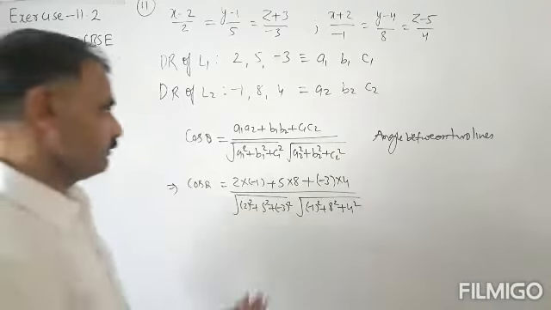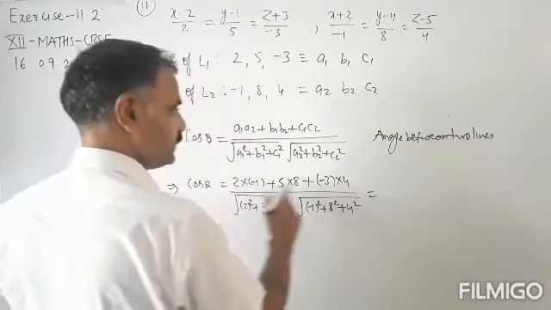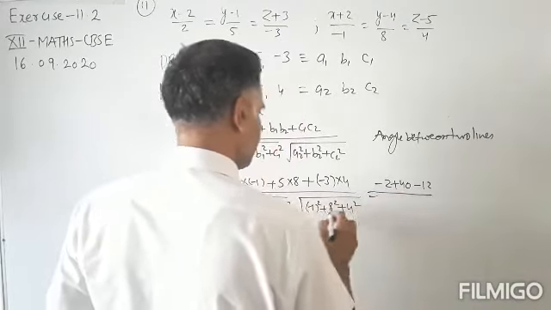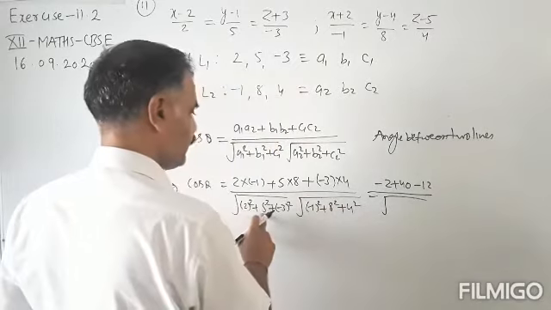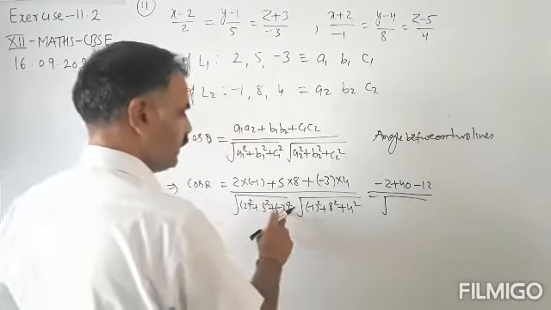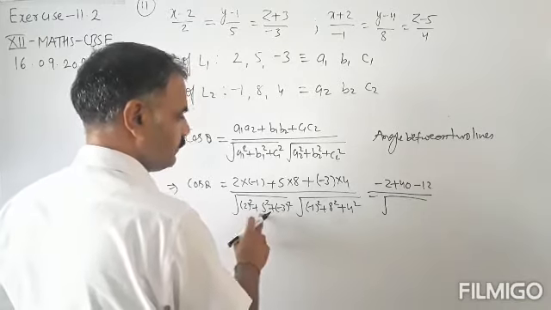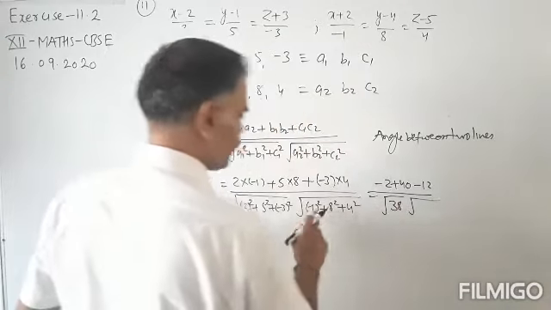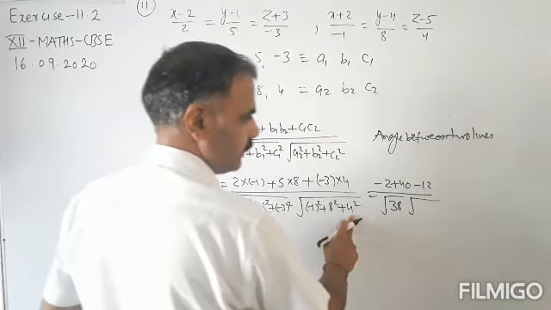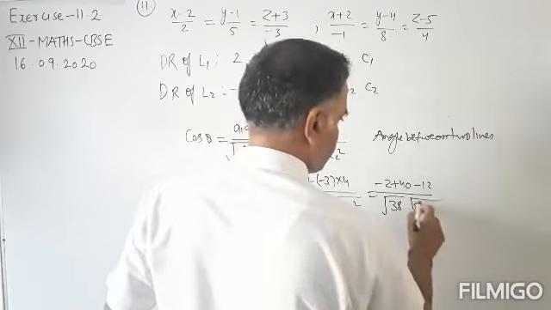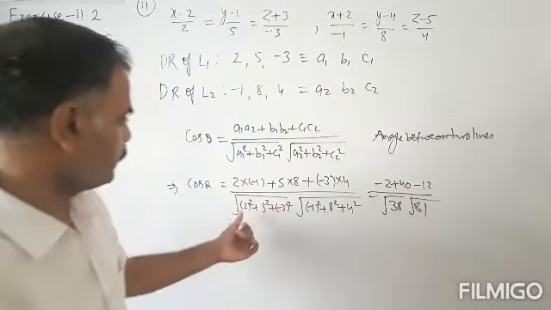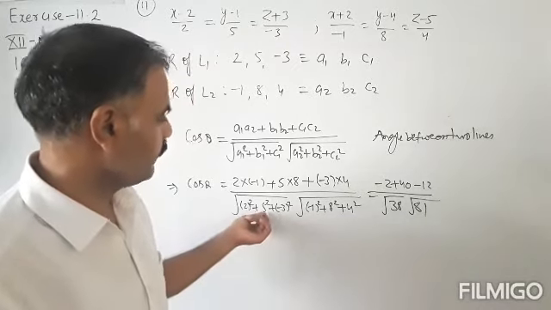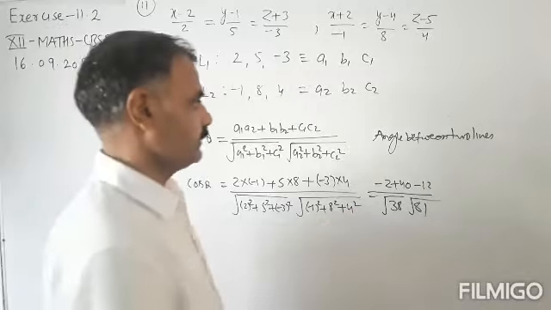Calculating this: minus 2 plus 40 minus 12 divided by under root of 2 square 4, 5 square 25, 3 square 9, that is 4 plus 25 plus 9 equals 38, multiplied by 1 plus 64 plus 16, that is 81.